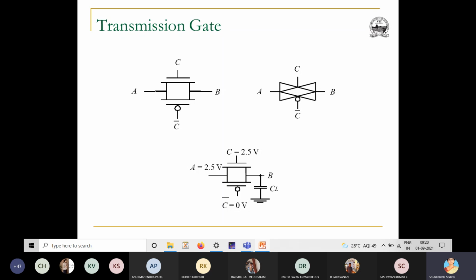But each different logic has its own unique name. It is a transmission gate logic because the parallel combination of PMOS and NMOS is considered a unit here, so we call it a transmission gate. But if I just say CMOS, it is nothing but static full swing CMOS. You know what static full swing CMOS is, correct?